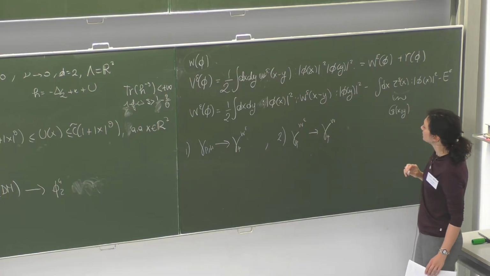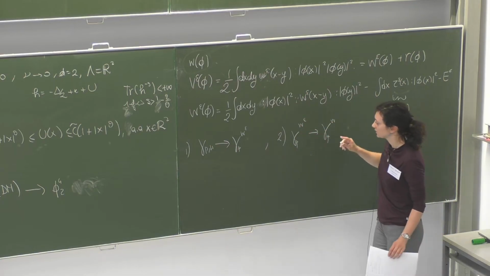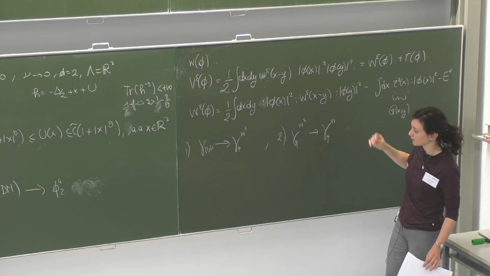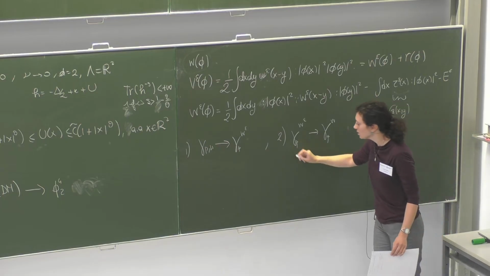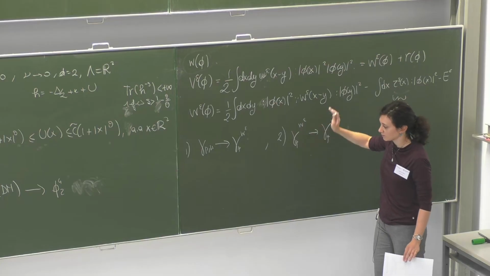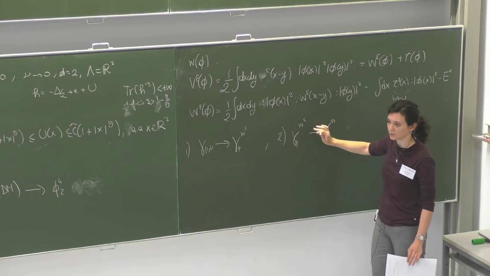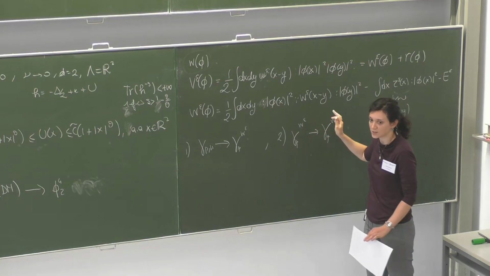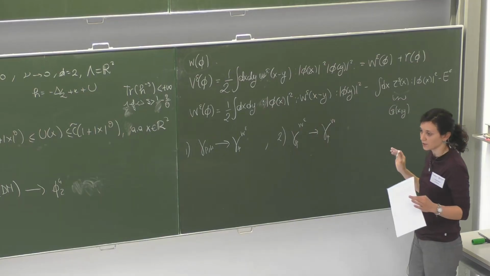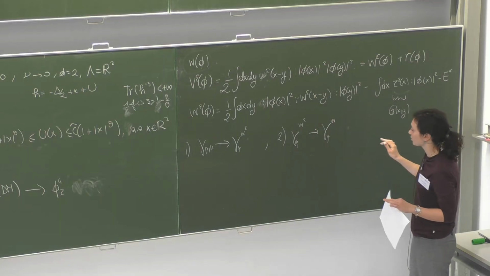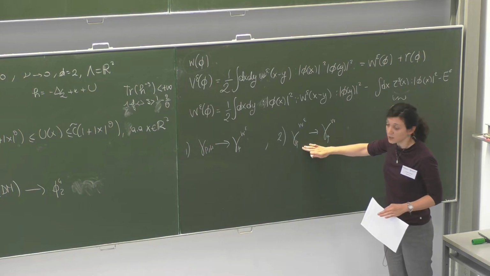So what is different from the torus case is that here you have to deal with the Green function of a non-translational invariant system with an external potential, and this complicates the analysis much more.